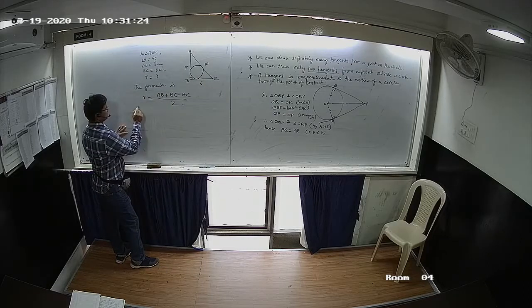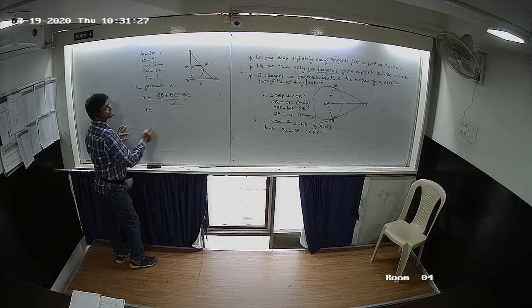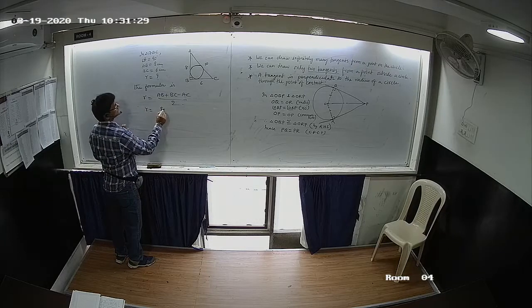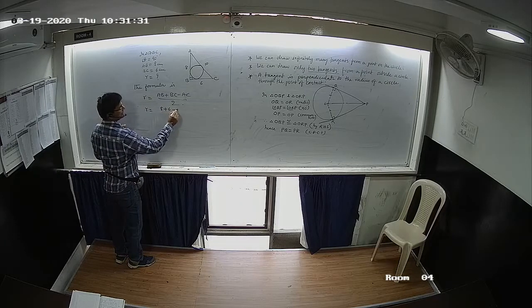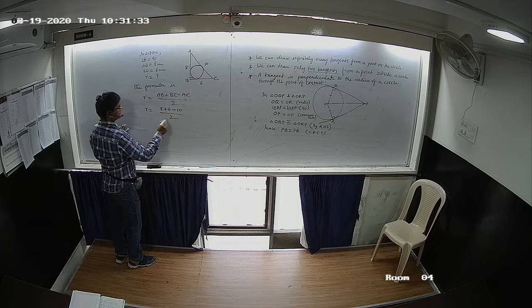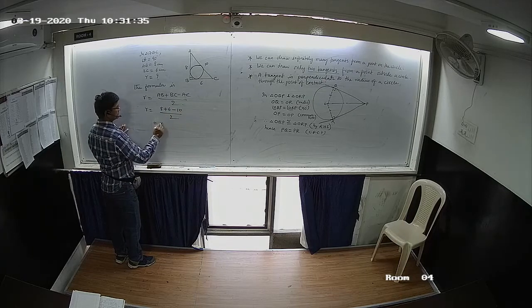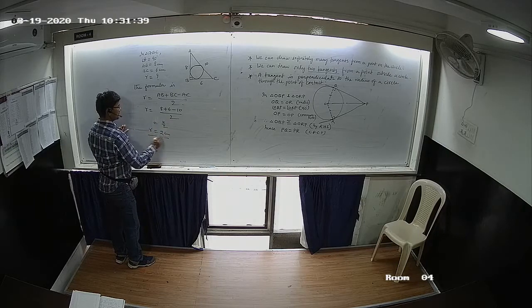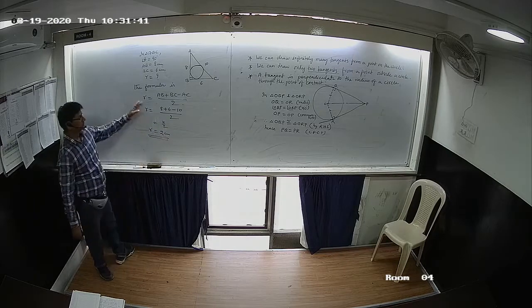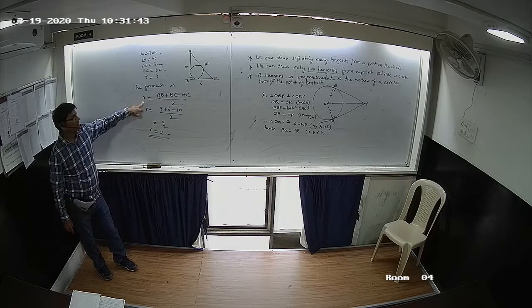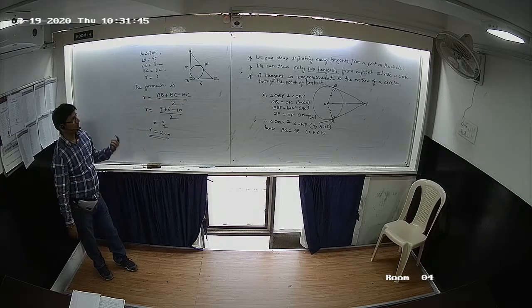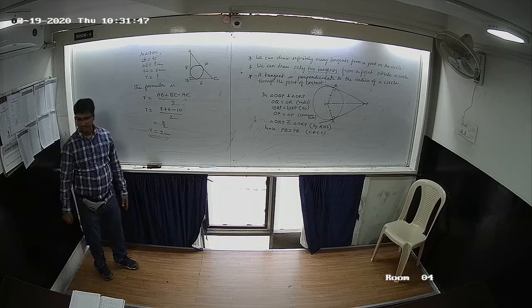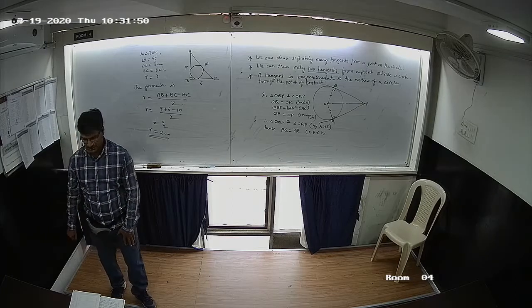So R will be equal to 8 plus 6 minus 10 by 2, that is equal to 4 by 2. R is equal to 2 centimeters. So we apply this formula to find the radius of an incircle in a right angle triangle.